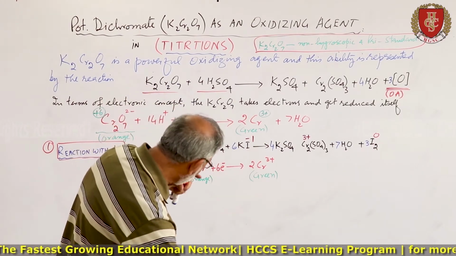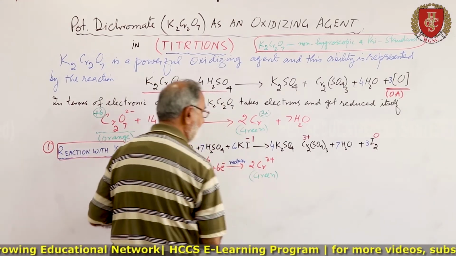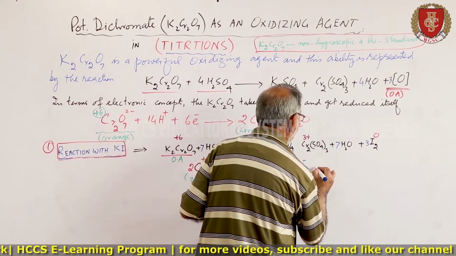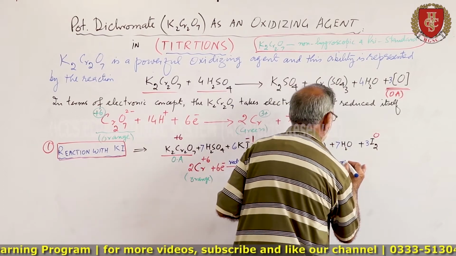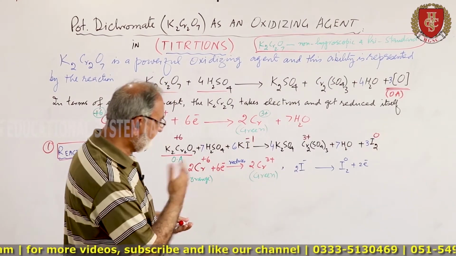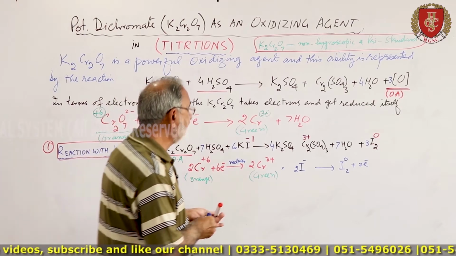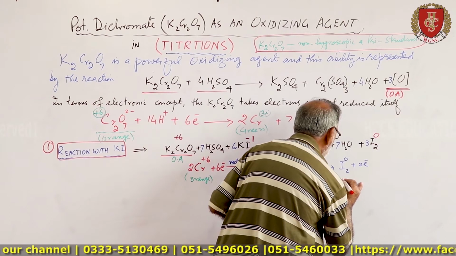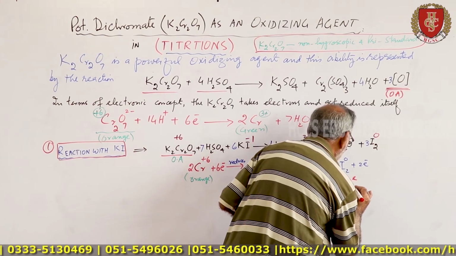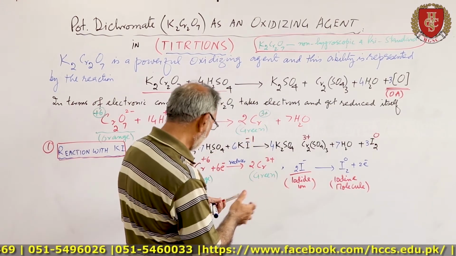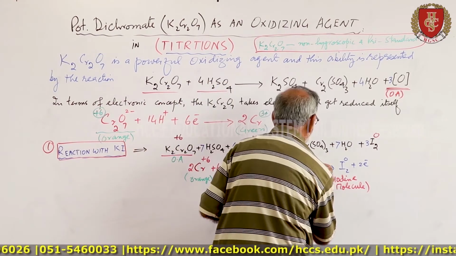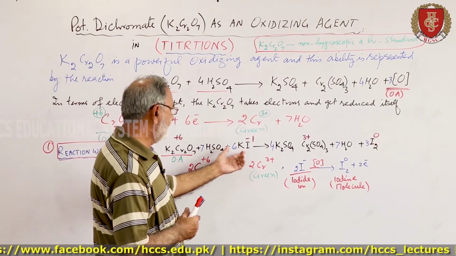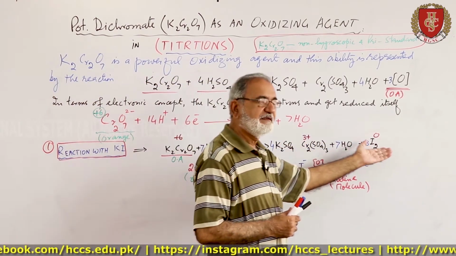So it itself reduces, whereas the iodide ion is oxidized into iodine. It is oxidizing the iodide ion into an iodine molecule. So here it is going to be oxidized, and this is going to be reduced. This is colorless and this is colored.